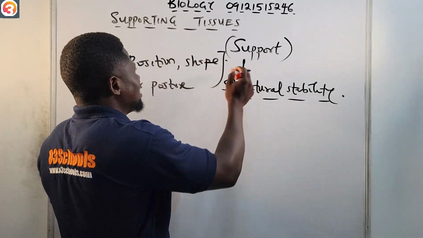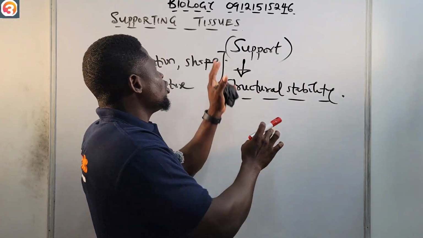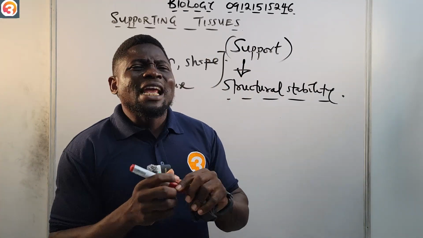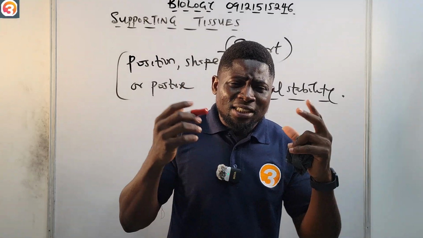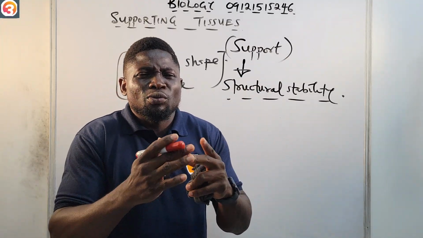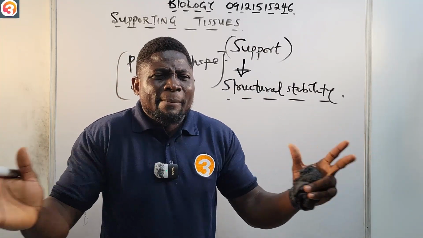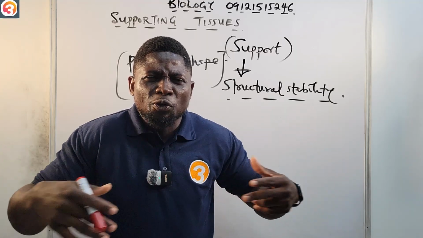Now, what about tissues? Remember very well, we talked about tissues. A tissue is formed by the coming together of a group of cells.